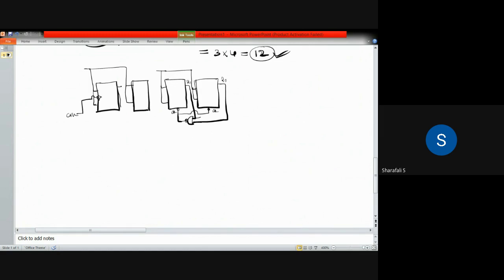For this one the clock is nothing but the output of the first flip-flop, and here also this Q1 has to be given as a clock to this one.